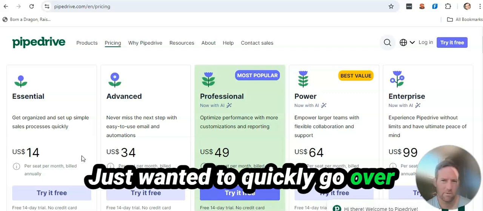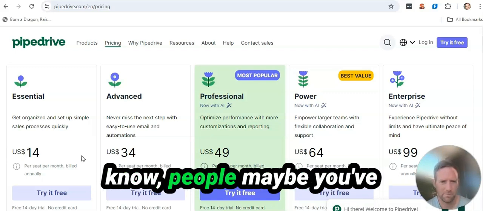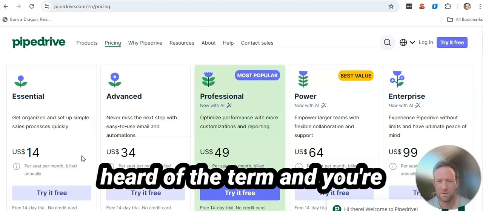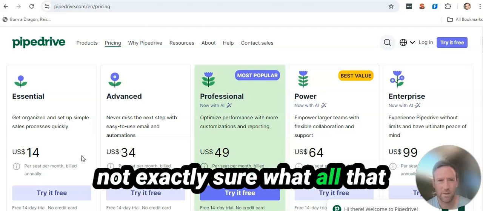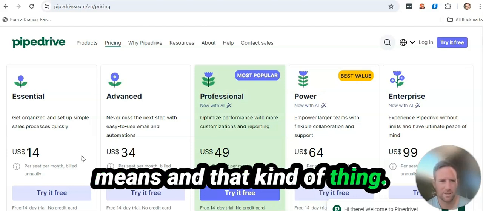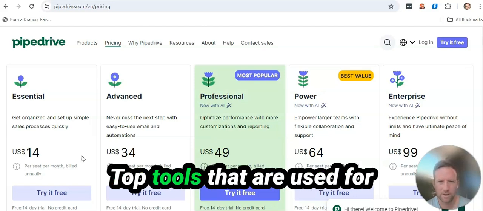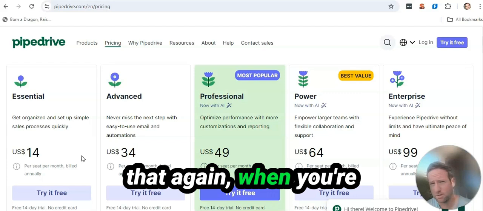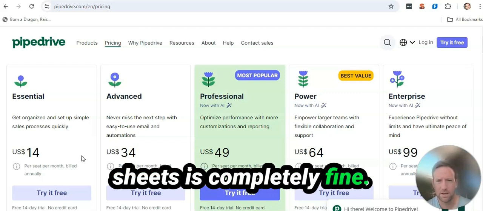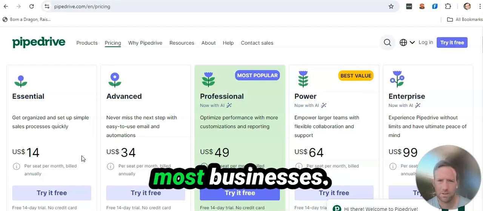Just wanted to quickly go over some of those because maybe you've heard of the term CRM and you're not exactly sure what all that means or what that looks like. So I just wanted to show you some of the top tools that are used for that. Again, when you're starting out, Google Sheets is completely fine. That's sufficient for most businesses.